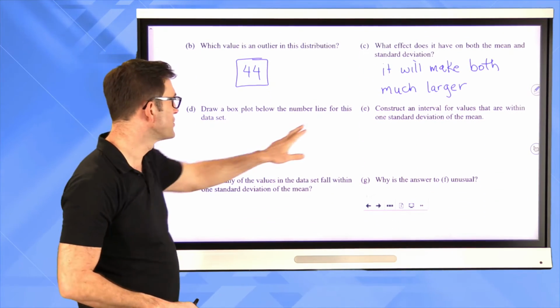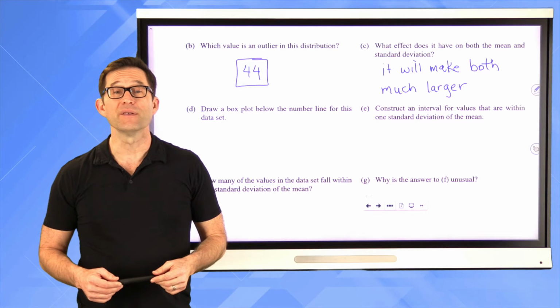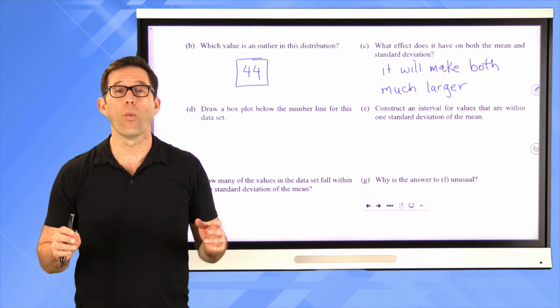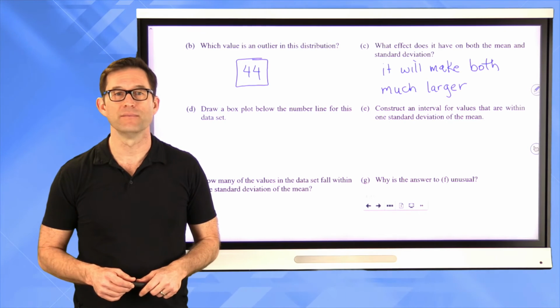All right, so letter E. Construct an interval for values that are within one standard deviation of the mean. We've done this quite a bit, so I'd like you to construct the one standard deviation interval about the mean for this particular sample.